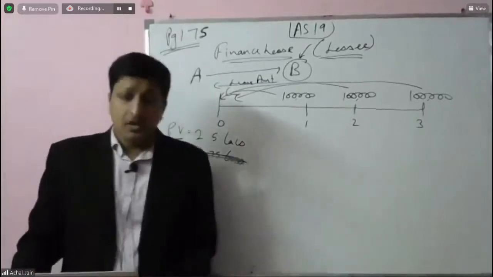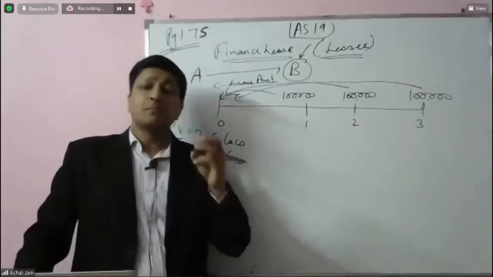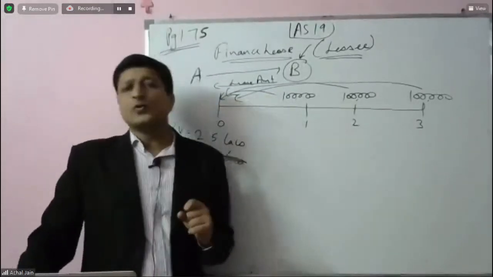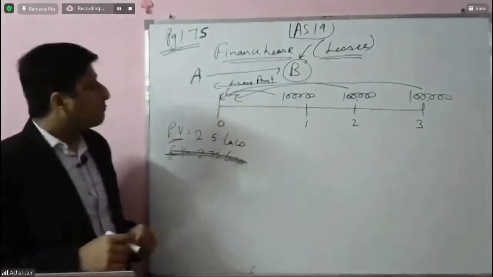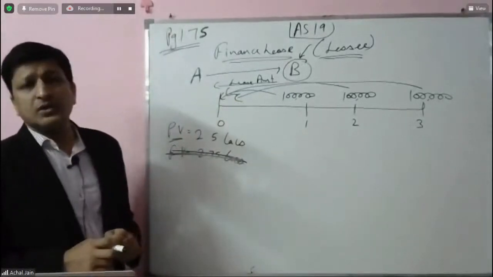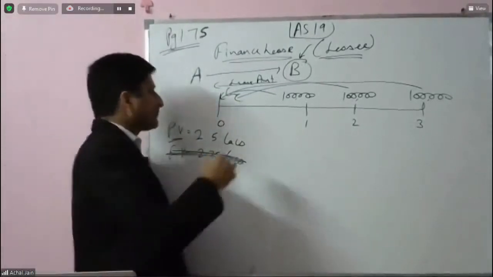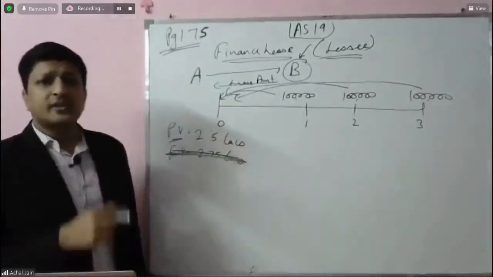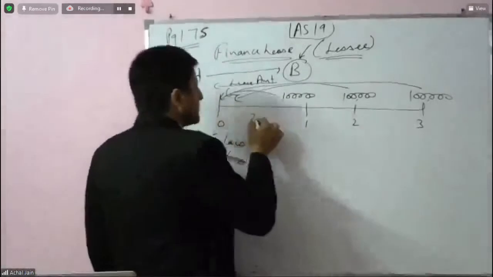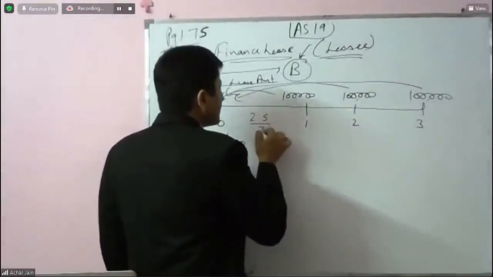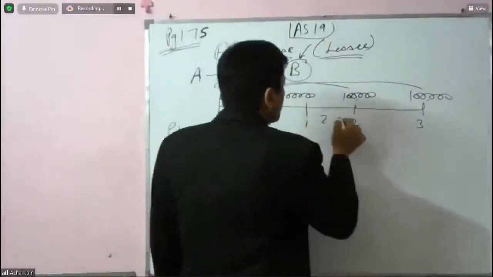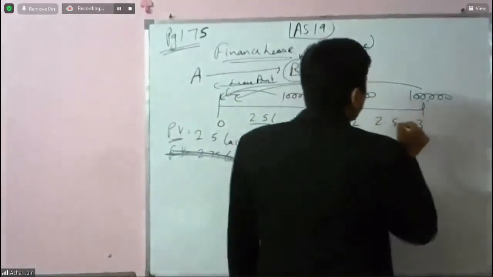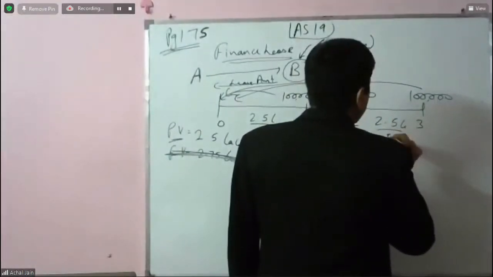Now, because B will have the asset for 3 years, B can charge depreciation on this asset for 3 years. So 2.5 lakhs will be depreciated over 3 years, so 2.5 lakhs divided by 3.